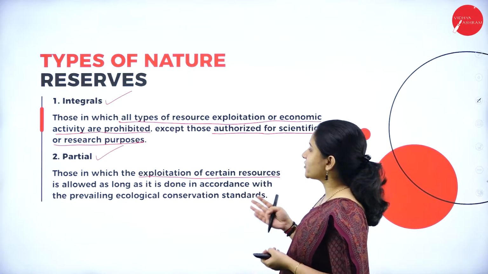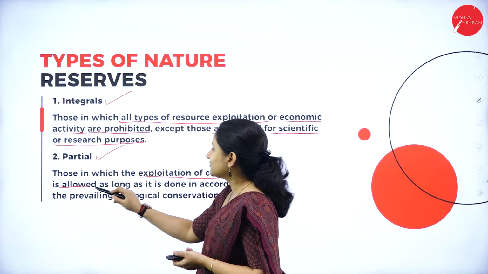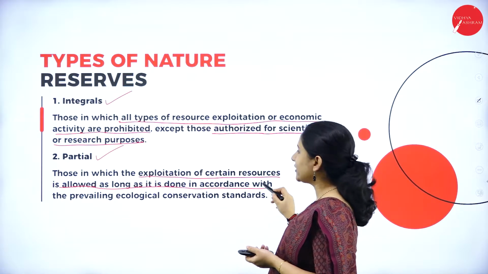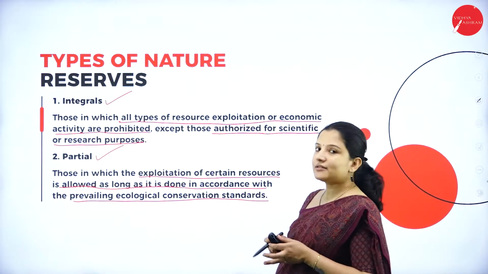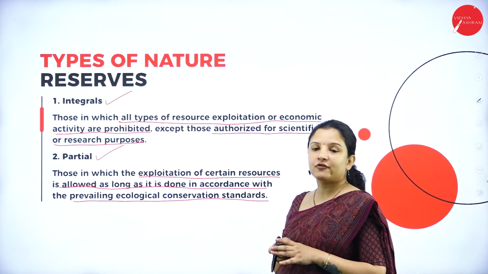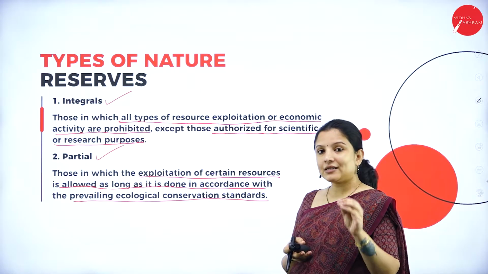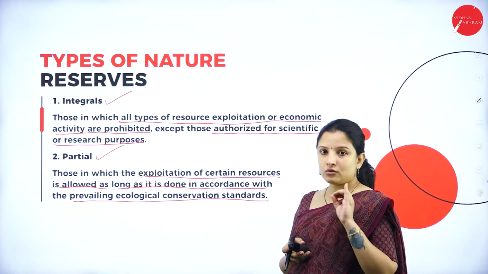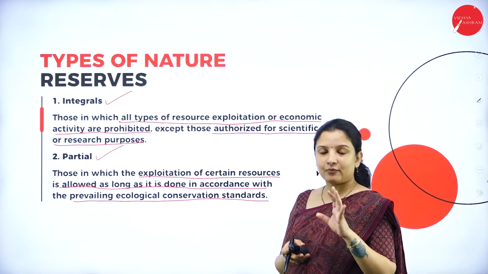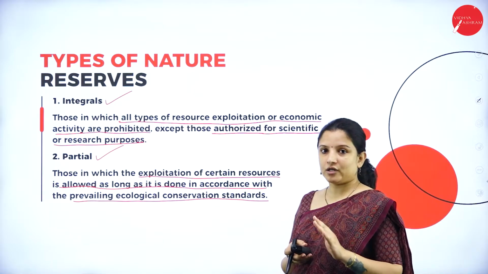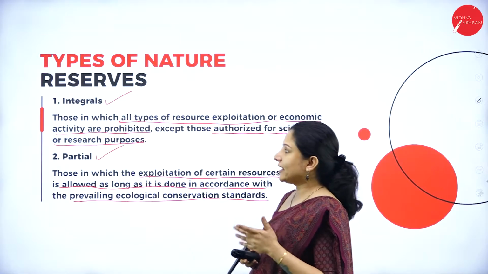Exploitation of certain resources is allowed as long as it is done in accordance with the prevailing ecological conservation standards. So there are some laws, rules and regulations framed according to the ecological conservation standards. As long as people follow these rules and regulations, some parts of the activities are allowed here, but complete exploitation is not allowed. So that is partial nature reserve.